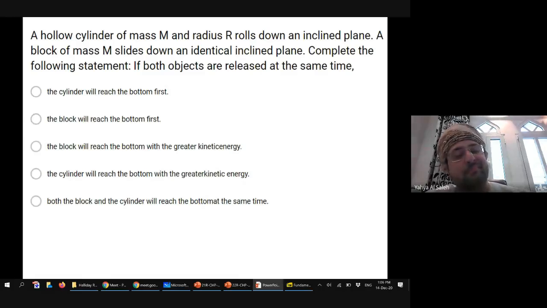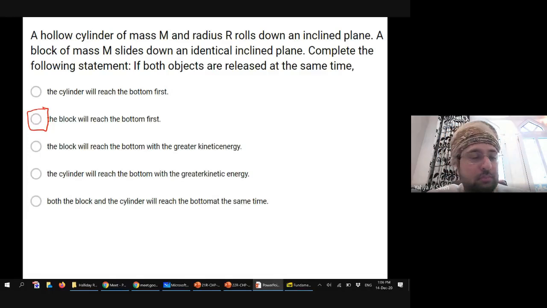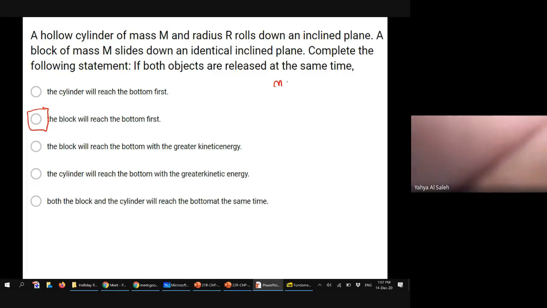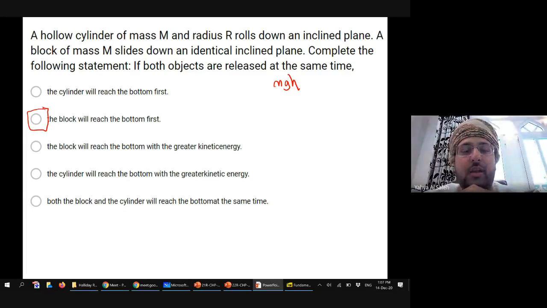Okay. What if I tell you the correct answer is this? Think of it this way. You start at the top, you have MGH, right?